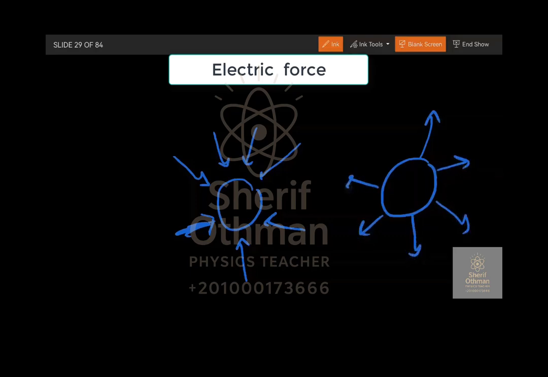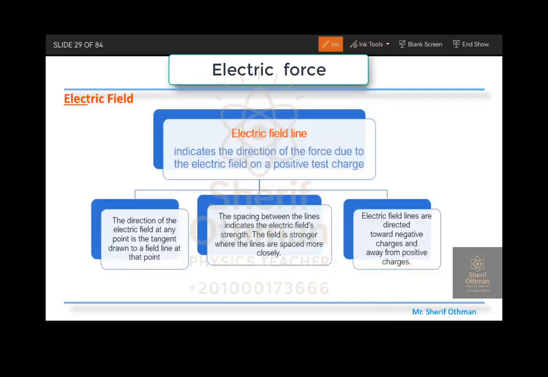So we have two types of charges. The one which you produce the lines and the lines are moving away from the charge is positive. The one which is the lines moving towards the charge is negative. So electric field lines, guys, indicate the direction of the force due to the electric field on a positive test charge.